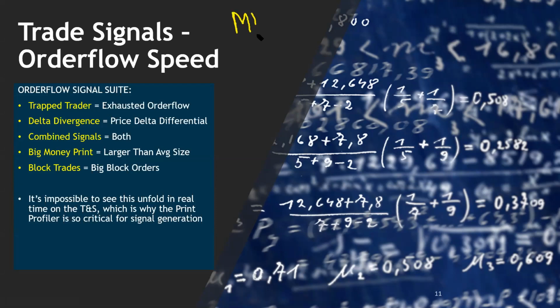What is the job of a market maker? Okay, to create liquidity. A market maker is in the business of taking the opposing side of your trade.